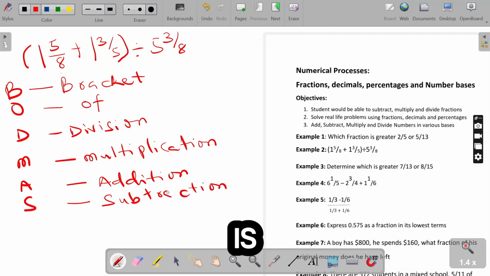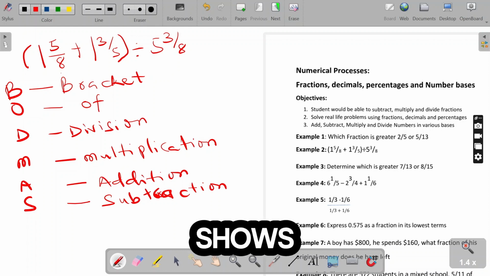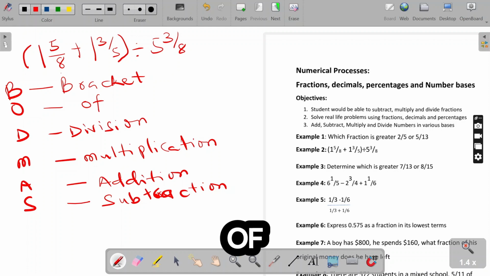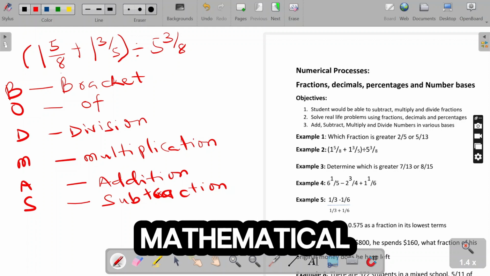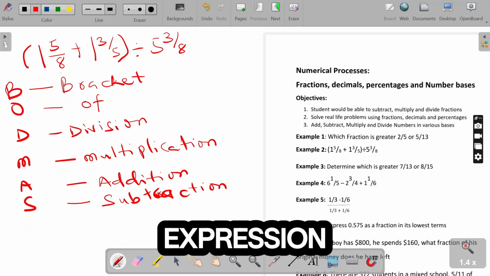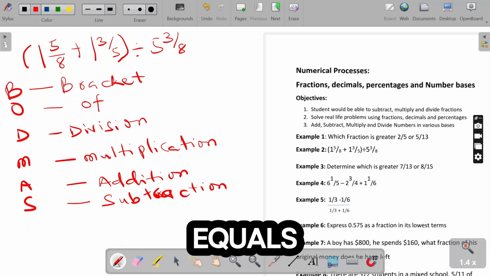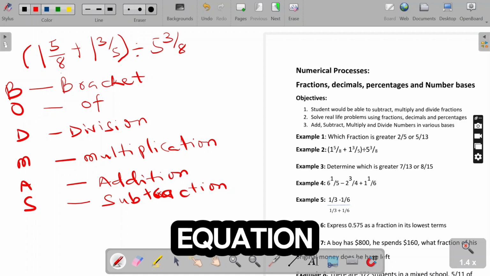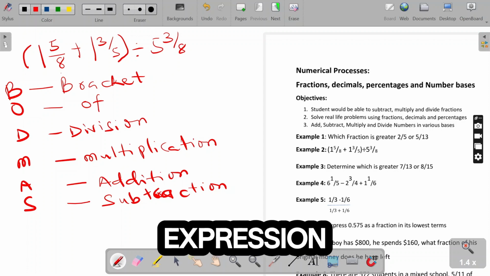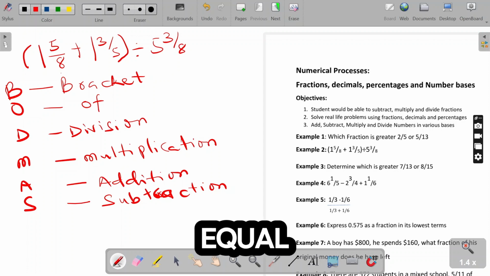So now the question is, how do we apply this? When do we use this? BODMAS shows the order with which you solve a mathematical expression. We talk about an expression when we have questions like this without equals. When there's an equal sign, you have an equation, but this is just an expression, meaning there's no equal sign.